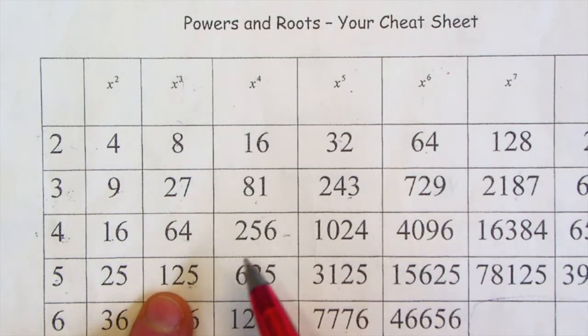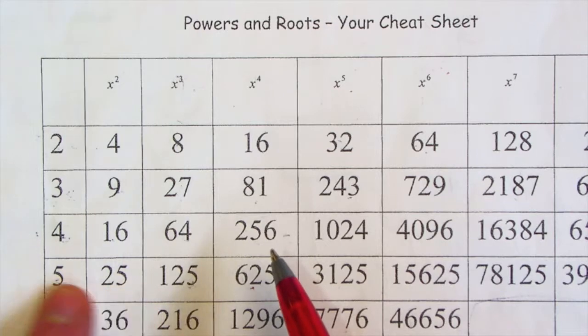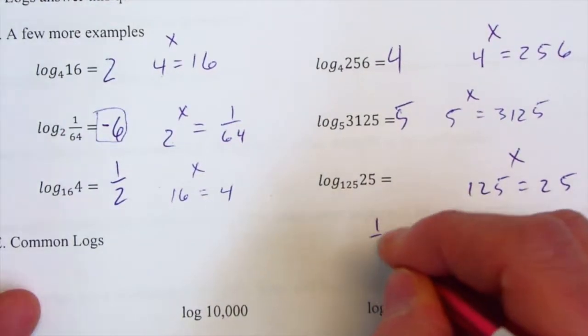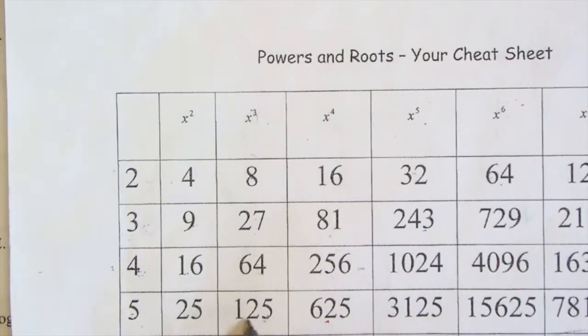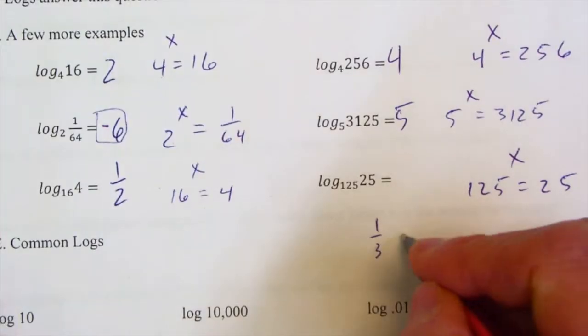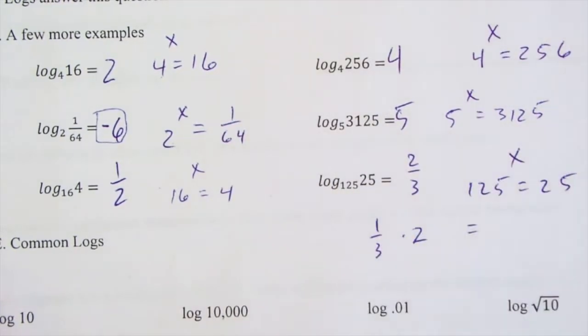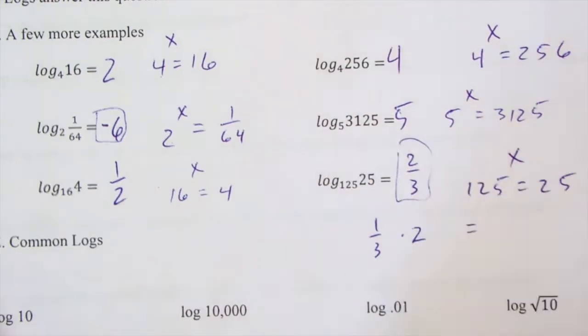If I go from 125 over to 5, that's 1/3. Then back to 25 with a power of 2. So 3rd root, power 2. My answer is going to be 2/3 when you put those two together. That's probably as tricky as they're going to get.